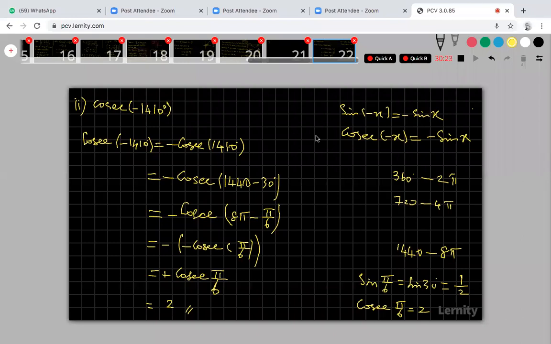Therefore, sine of minus 11 pi by 3 can be written, using this formula, sine of minus x is minus sine x, as minus sine of 11 pi by 3. You take the minus outside.